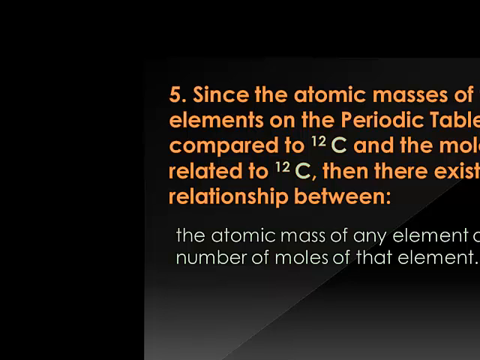Since there's a connection here between atomic mass of the elements on the periodic table, and we know they're all compared to carbon-12, then the mole is also related to carbon-12, and there's a relationship between the atomic mass of any element and the number of moles of that element.